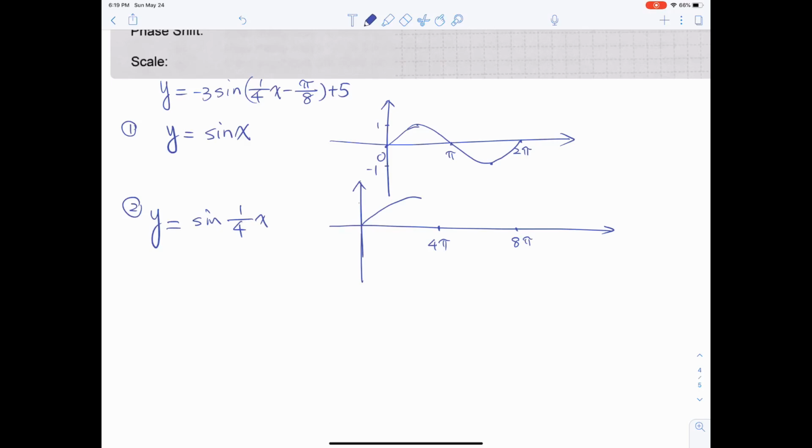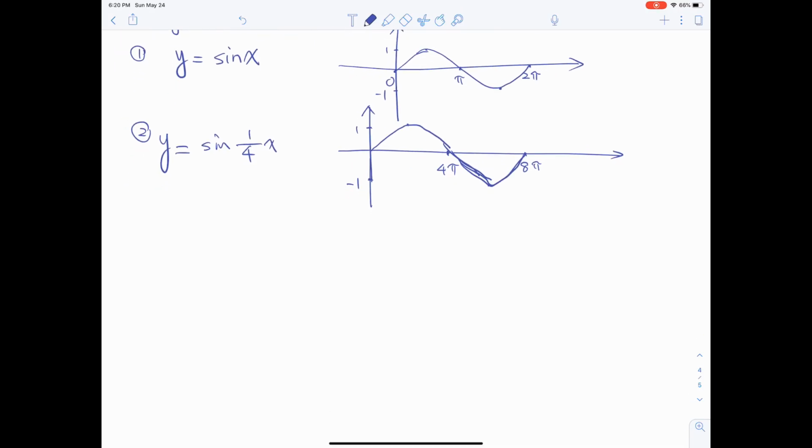And still the top is 1, the bottom is negative 1. I will erase this, it does not look good. Here is 1 dot, here is 1 dot. Instead of pi, this is 4 pi. Instead of half pi, it will be 2 pi. So this is our second graph. Sorry, it's not so good a drawing.